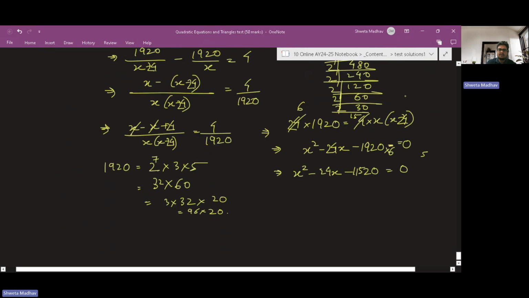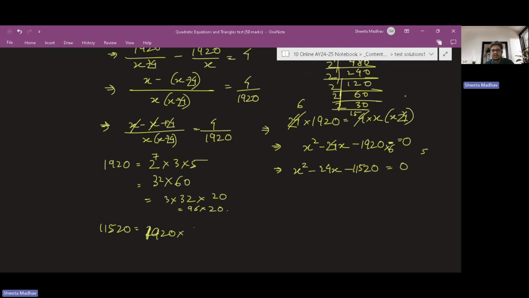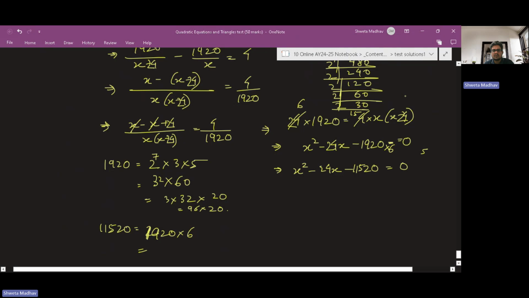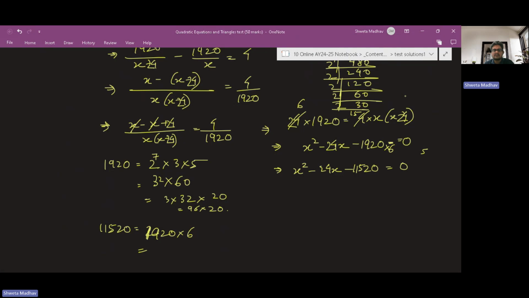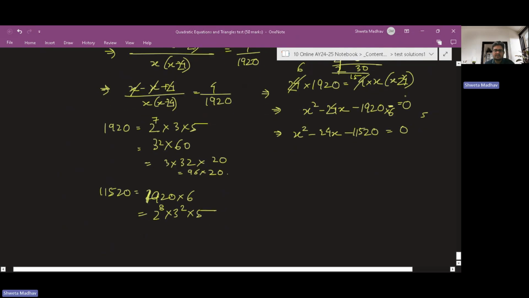So now this 11520, we can say this will be equal to, obviously, this is 1920 into 6. So this will actually be 2 to the power 8 into 3 to the power 2 into 5. If we do the prime factorization of this, then we will get this one.